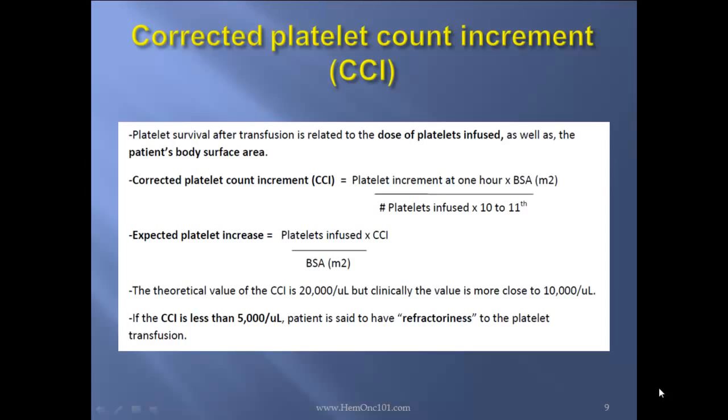The expected platelet increase is the platelets infused times the CCI divided by the BSA. The theoretical value of CCI is 20,000, but clinically the value is more like 10,000. If the CCI is less than 5,000, the patient is said to be refractory to platelet transfusions.